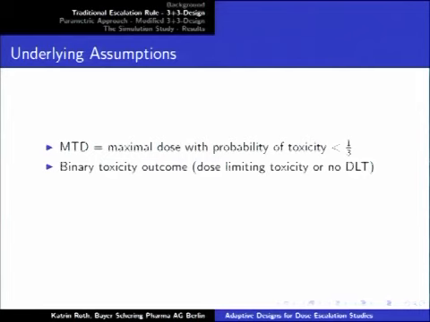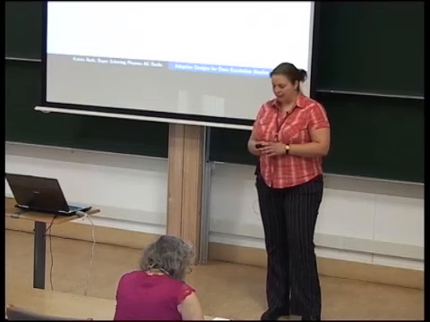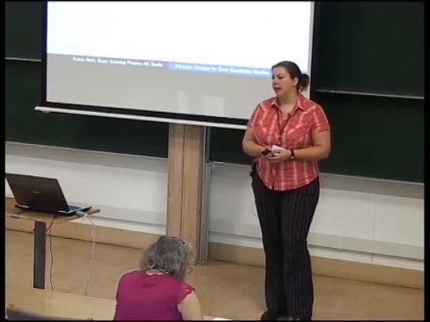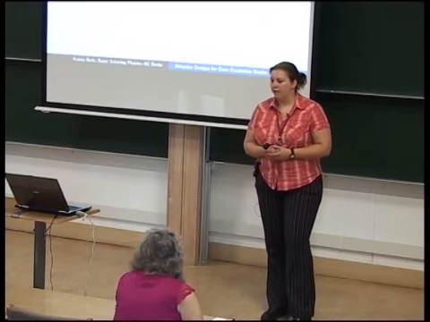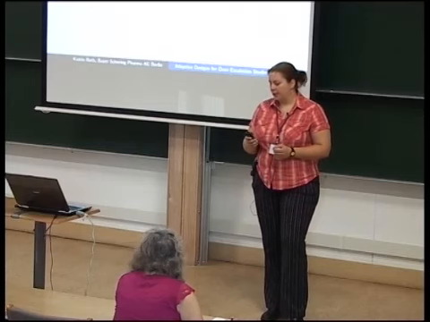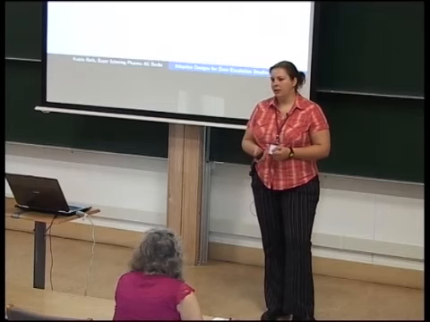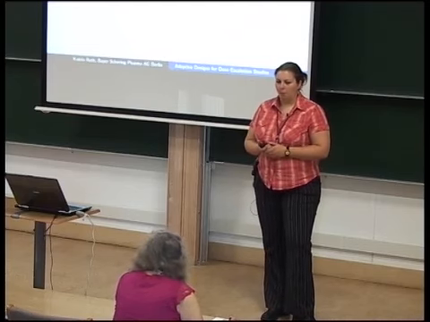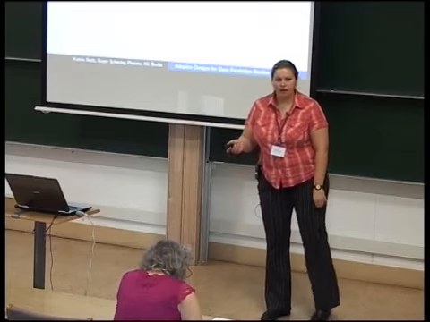So we either observe a dose-limiting toxicity or we don't. The definition of which toxicity is dose-limiting depends on the disease to be treated and a lot of other factors, and this definition is determined not by a statistician but by medical people.